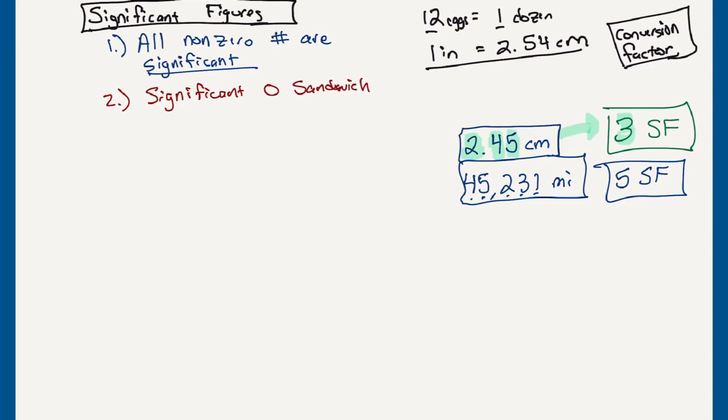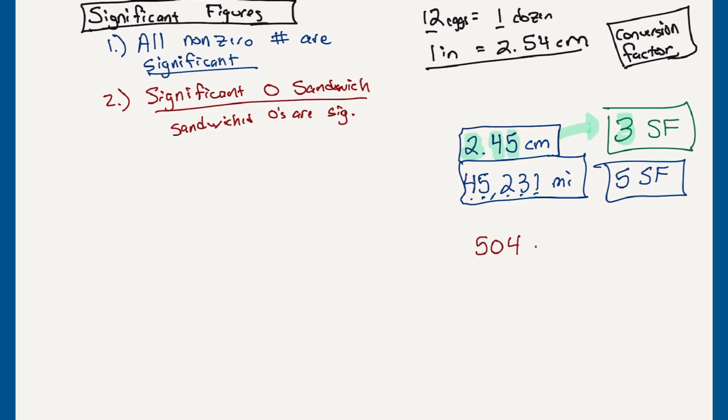And so I can summarize that by saying sandwiched zeros are significant. And I'll just put sig for significant. So I'll illustrate that down here.